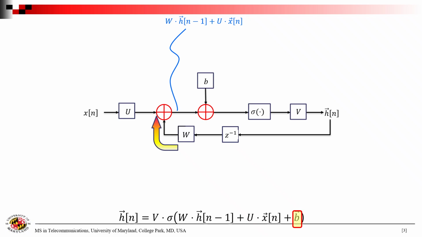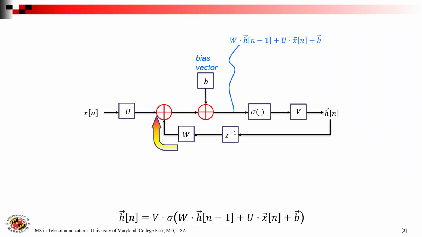Now the next thing that happens, as you can see in the equation, is that we add the bias term. So we get the bias vector that gets added to what we have so far. And the output of that second adder is actually the entire argument of our activation function.